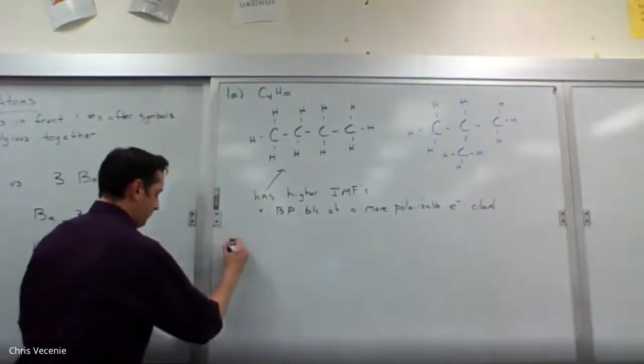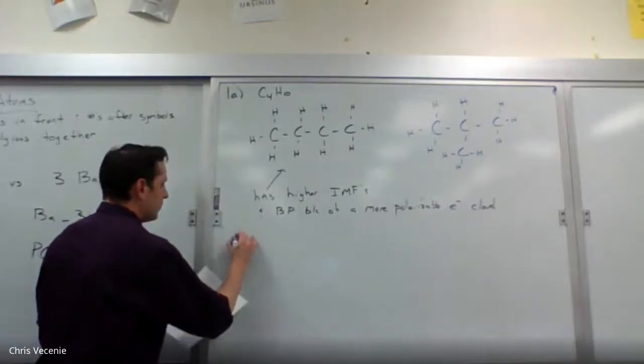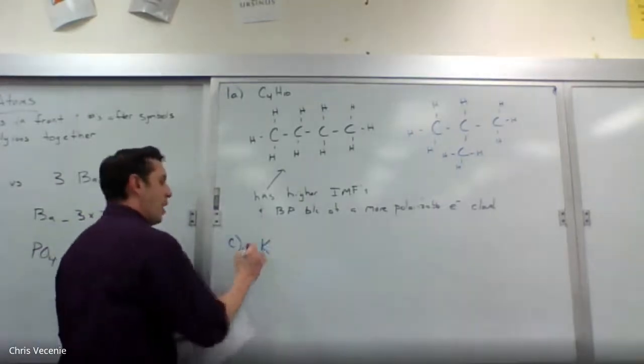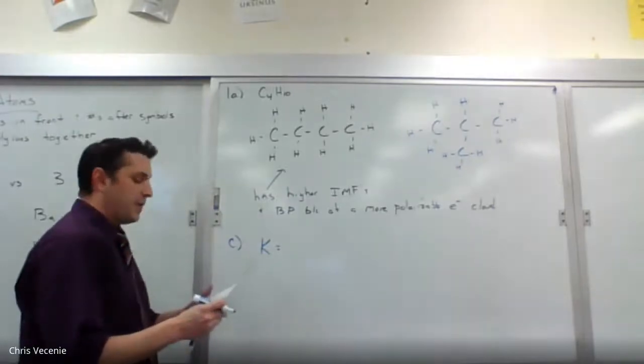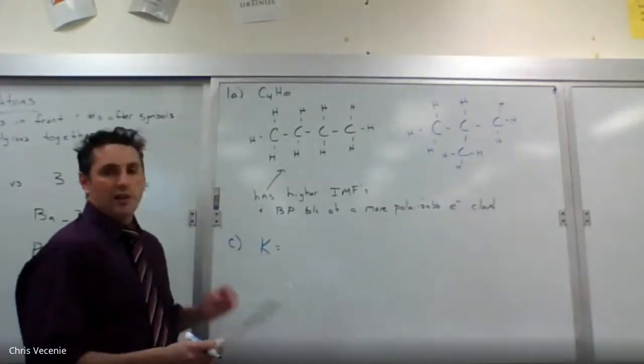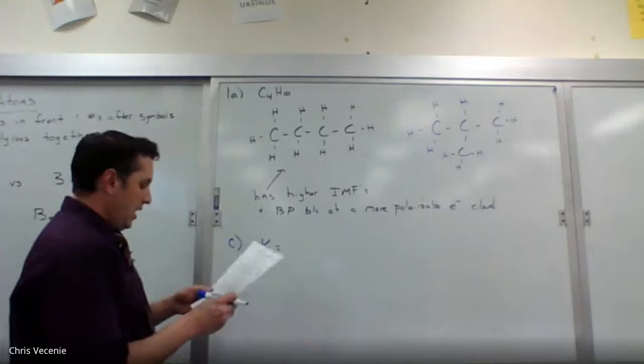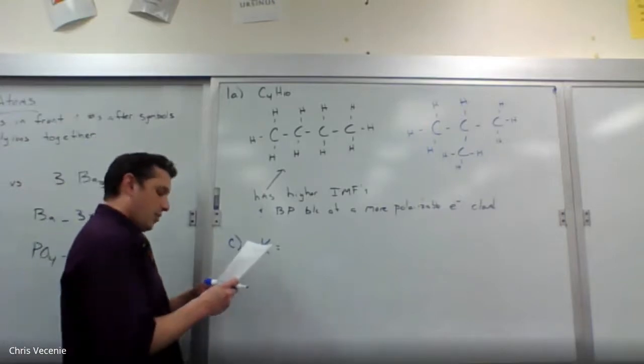Right? So again, K is always products over reactants to the power of the coefficients, but don't list solids and pure liquids. All right, so if we're looking at this, they're both gases.